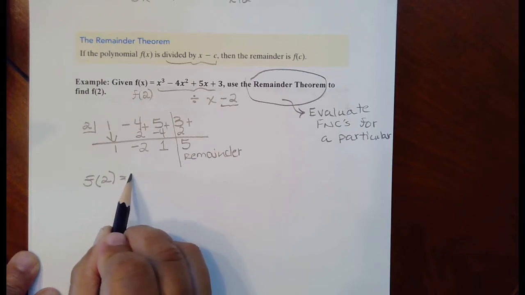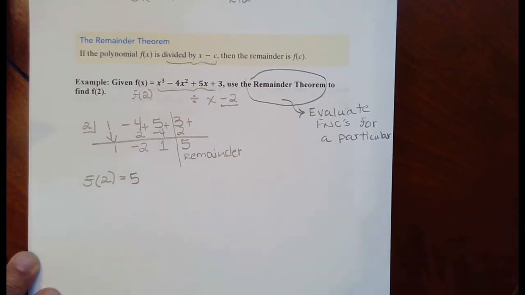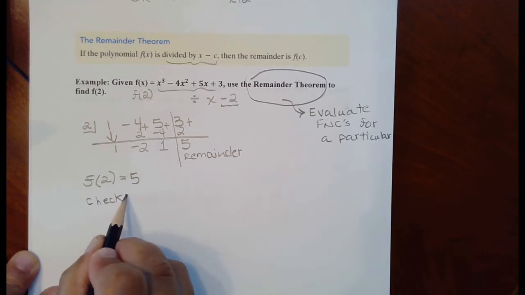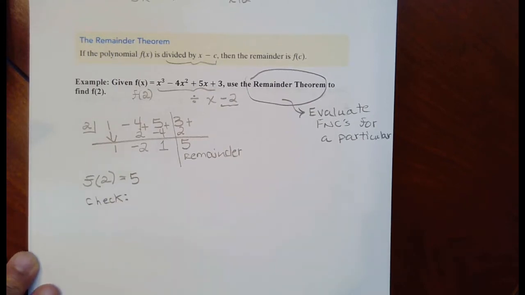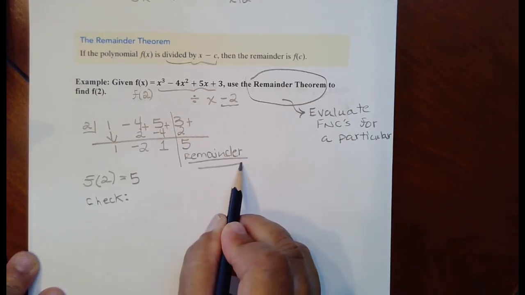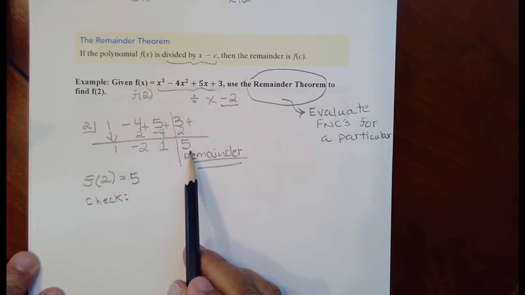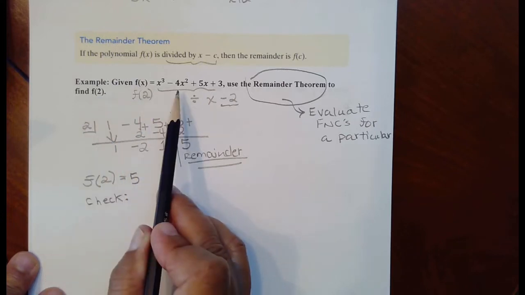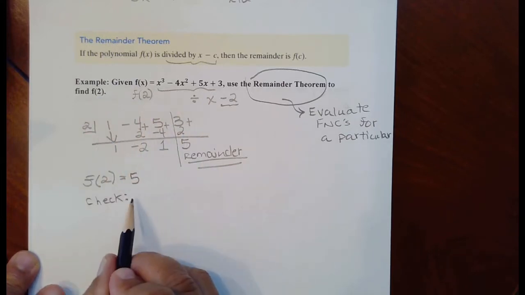This would have been a 10. This would have been a 3. Then you would have plugged all of that into your calculator. So 8 minus 16 plus 10 plus 3. Whoops, I didn't plug it in right. Okay, so 8 minus 16 plus 10 plus 3. And see, you get the same answer.